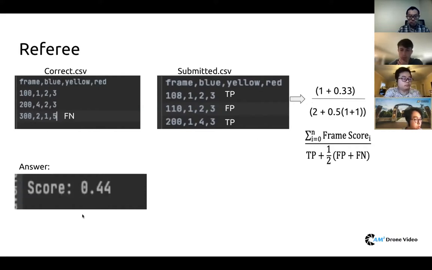And the overall score will be 0.44. The overall accuracy. And then this accuracy will be divided by the energy you use to run this solution, and it will be the final score.